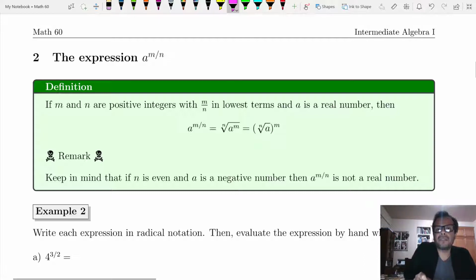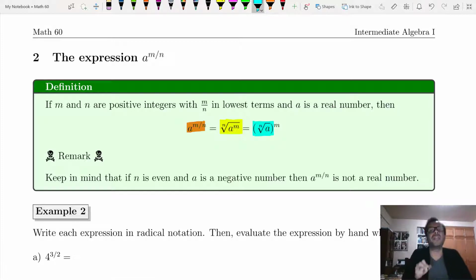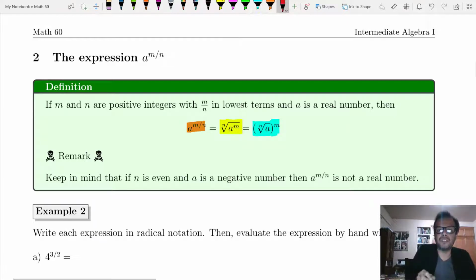When we have a to the m over n, it is equivalent to say either the nth root of a to the m, or the nth root of a, the whole thing raised to the m power. All right, how is this different? In fact, let me make a distinction here.